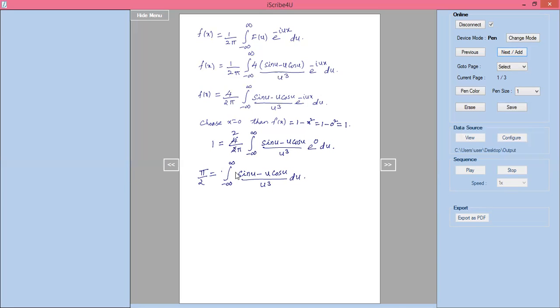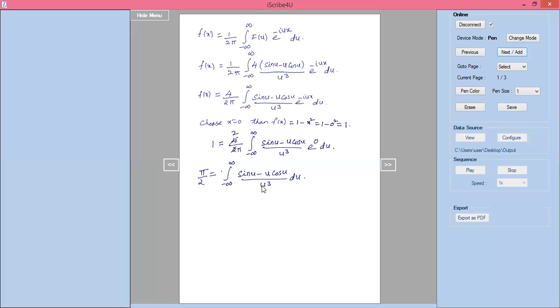So in the numerator one minus appears, and in the denominator, minus u whole cube, another minus. If you cancel it, you get the same thing.